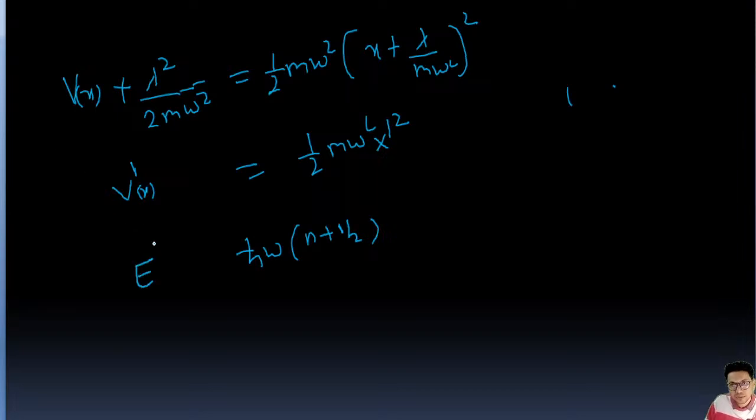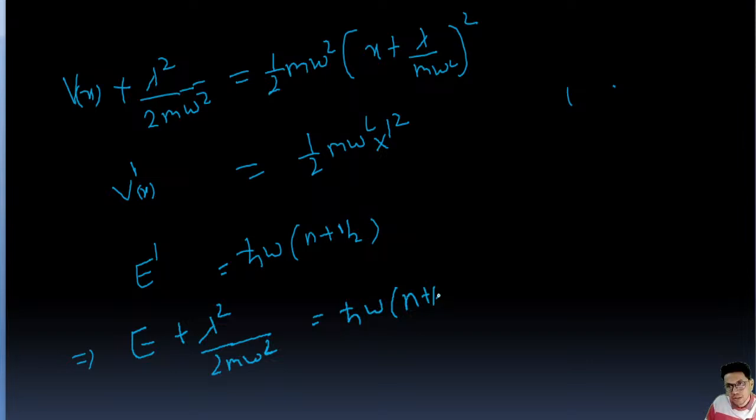So we'll put here the value of E dash. So this is going to be E plus this one, lambda square upon 2m omega square. Okay, and this is going to be h cut omega into n plus half. E dash is the total energy.